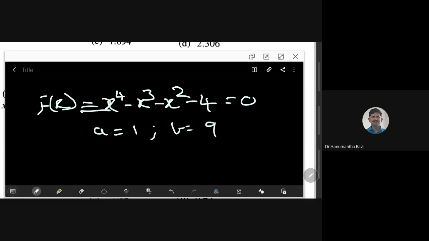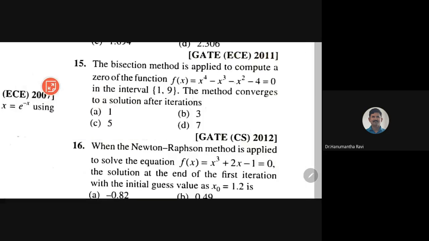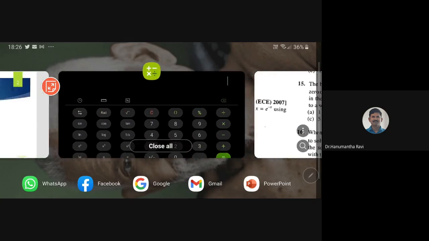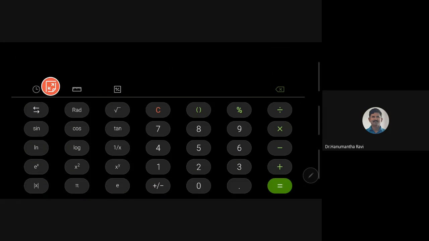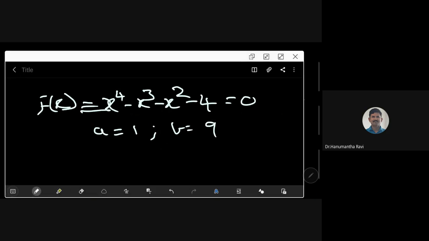If you take a as 1, f of x is negative: minus 3 minus 4, it is minus 7. So here f of a is minus 7.